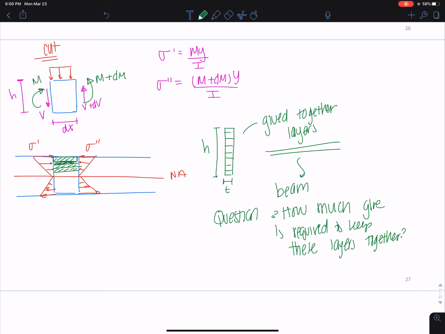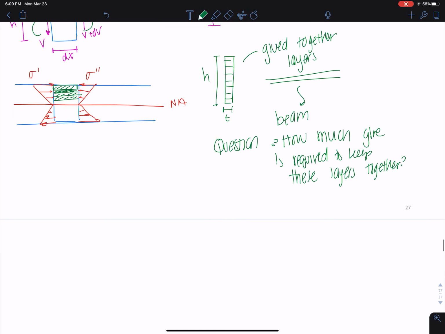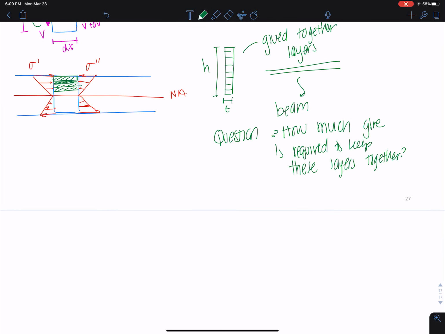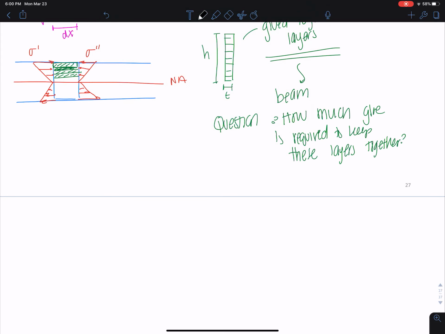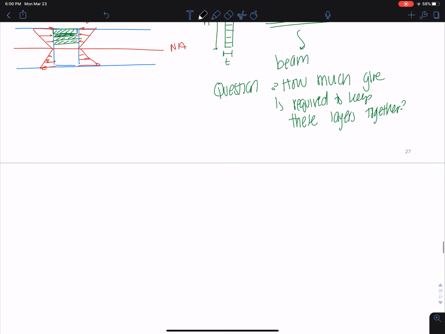Once again, I'm trying to see if I should rederive this shear flow formula or just tell you what the equation is. We already derived this last time, so I'm going to come back to what we derived. After we apply equilibrium, we get this function that looks something like this, if you guys remember.